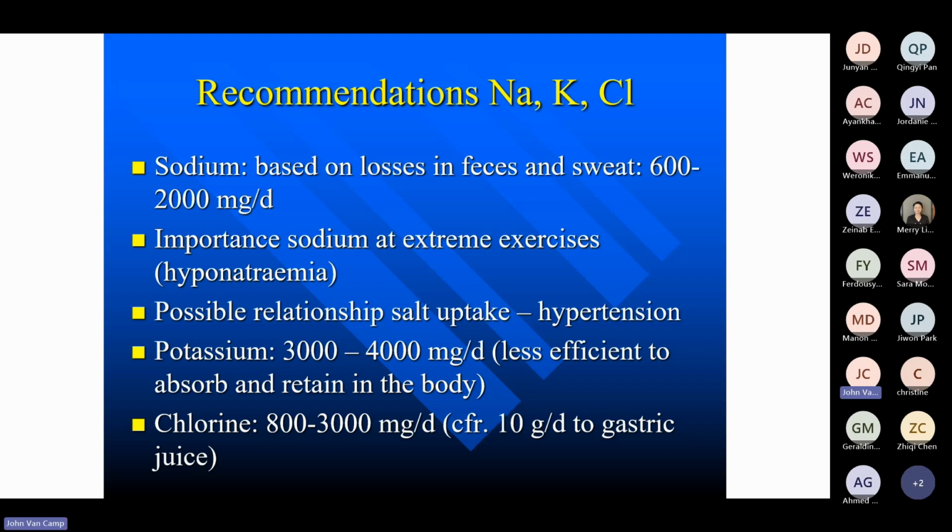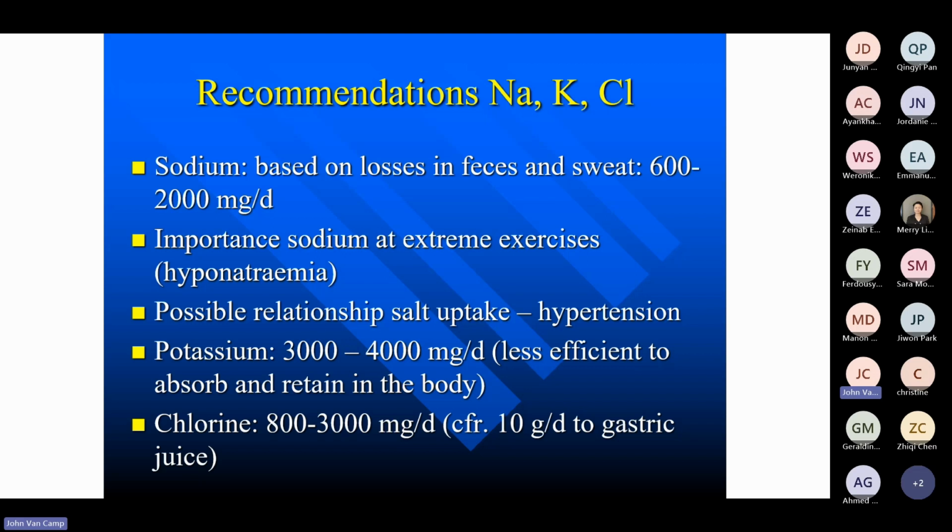Potassium is a little bit more interesting for us. It has a higher diameter. It is a little bit less efficient to absorb and retain in the body. And one of the strategies you can follow to reduce sodium content in foods is by replacing sodium with potassium. The food industry is already working with that. So sodium chloride becomes potassium chloride, but you cannot have it in excess.